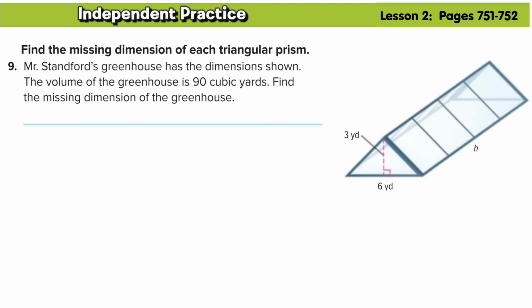Question number 9. Mr. Stanford's greenhouse has the dimensions shown. The volume of the greenhouse is 90 cubic yards. Find the missing dimension of the greenhouse. So here we have our formula.